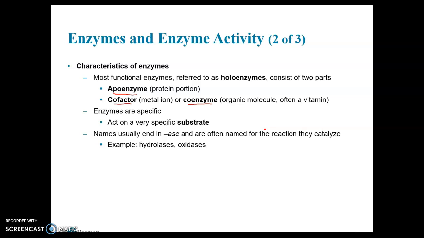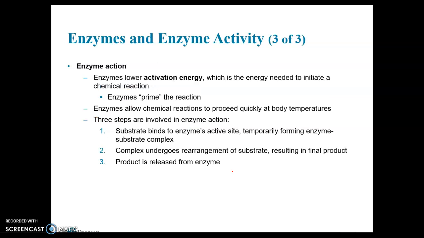Enzymes are very specific. There'll be a specific enzyme that acts on a specific substrate or chemical reactant. So for example, sucrase is going to be an enzyme that helps to break down sucrose. They usually end in ase, usually, but not always. And they're often named for the reaction they catalyze.